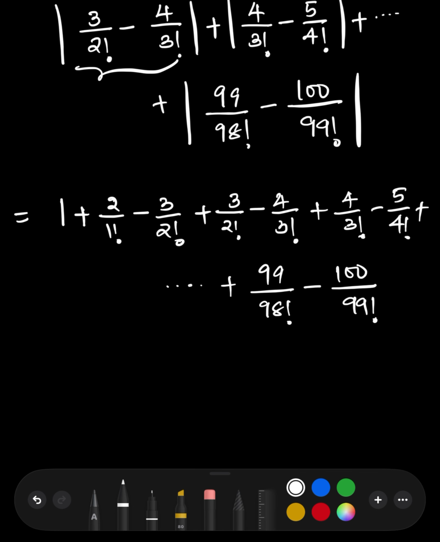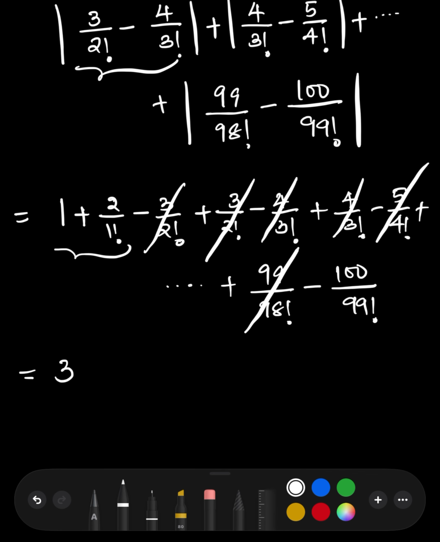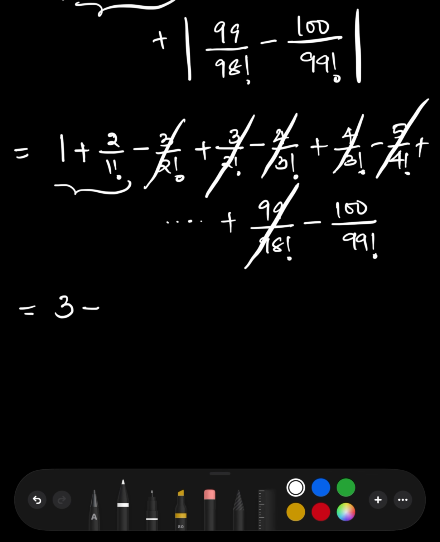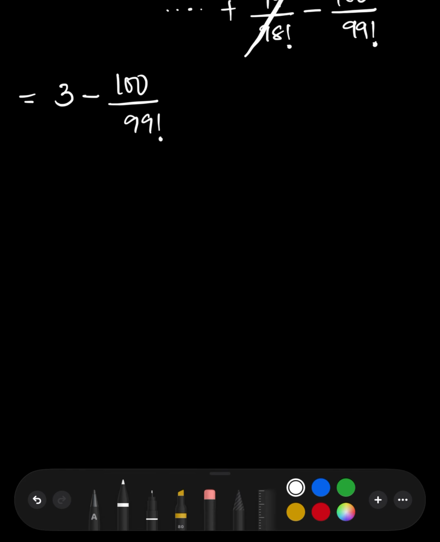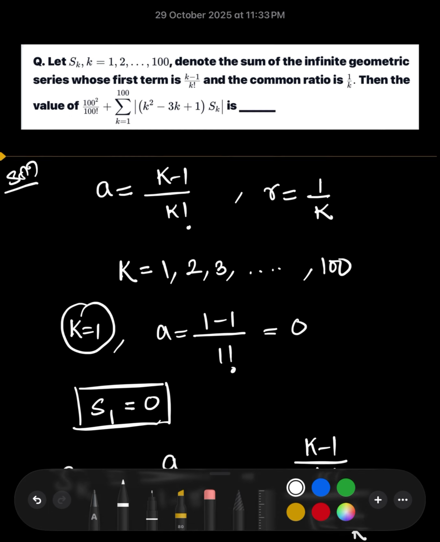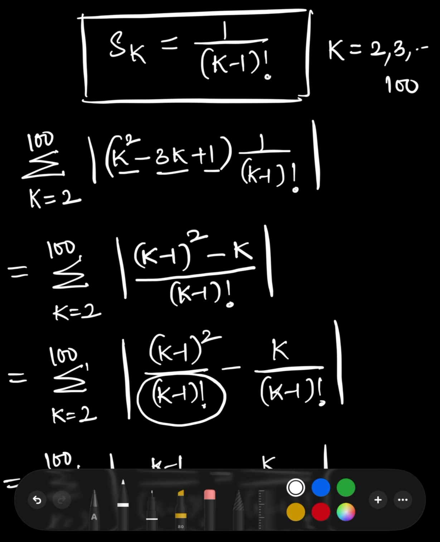Now here these terms we can cancel, so that 1 plus 2 is 3, and these two will get cancelled: minus, plus. Observe the pattern: minus plus, minus plus, minus plus. So the last value which remains is minus 100 by 99 factorial. Now coming to the question, we have to add 100 square by 100 factorial.